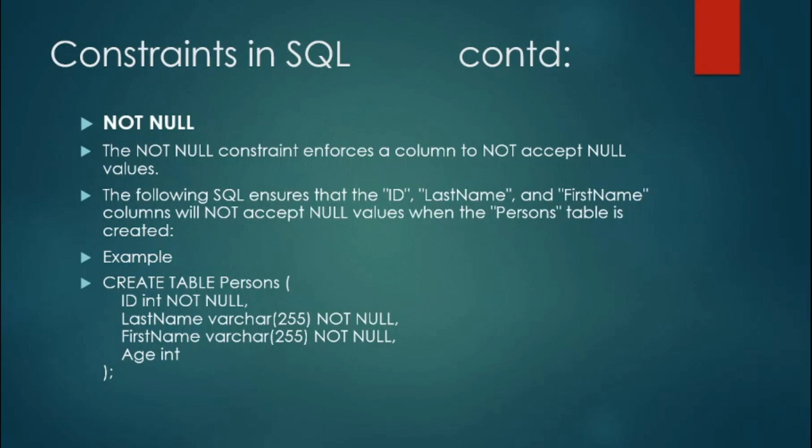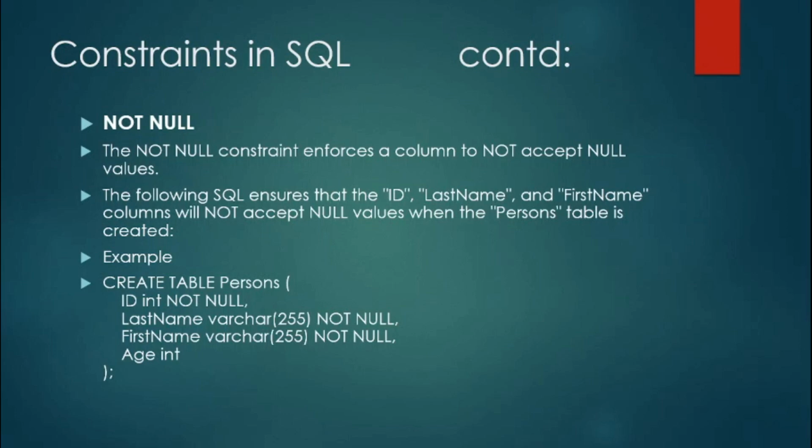For example, if there is any column where the value is required, such as first name and last name, or ID, or the salutation, that is Mr. or Mrs. If that is a required field and you have set that field as not null, the person who is entering the data into the database will not be able to enter that data into the table unless and until they provide the value for these three columns.